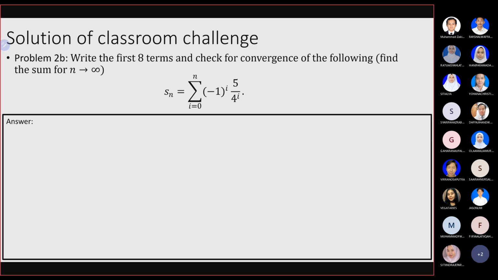Yeah. This is equal to sum of i from 0 to n of 5 times minus 1/4 power i.